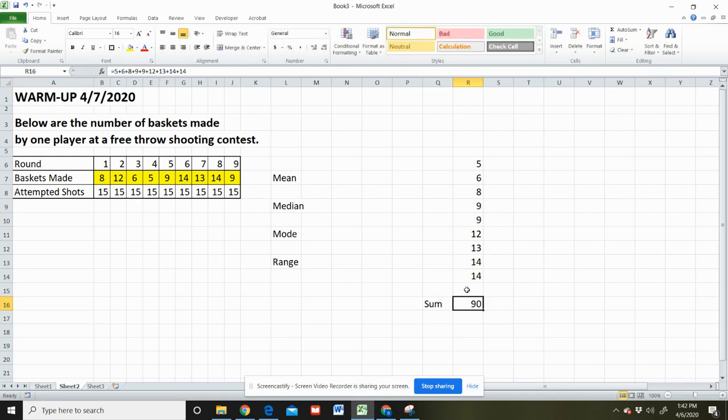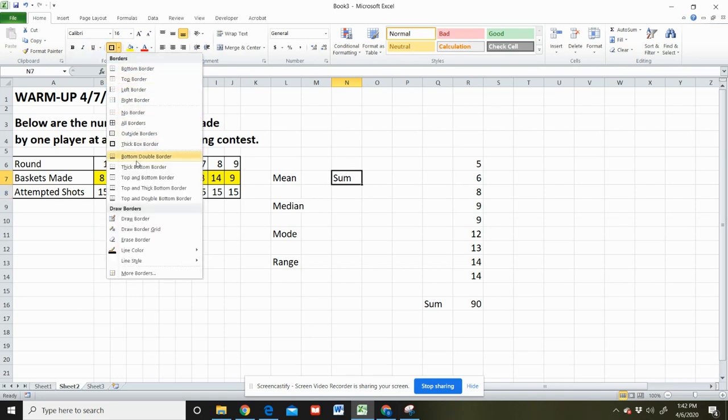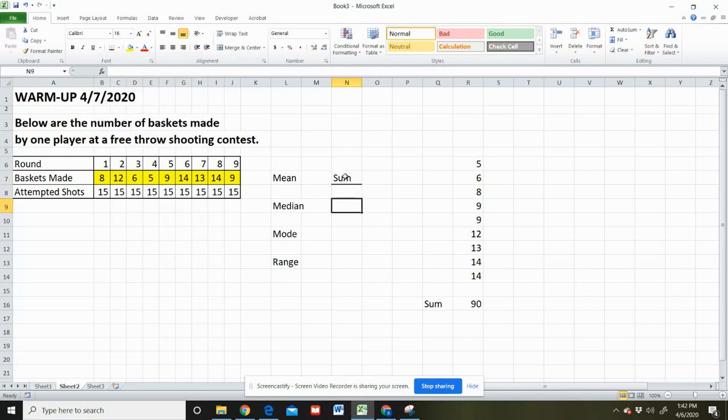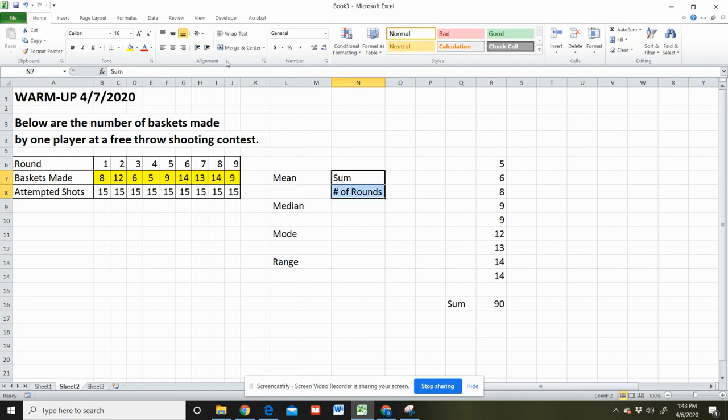All right. So for my mean, it's my sum, and I'm going to put a line underneath it to show where we're doing division. Sum divided by the number of rounds, the total number of rounds that I did.